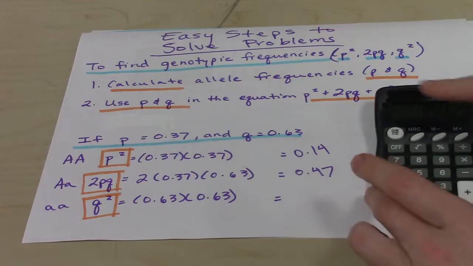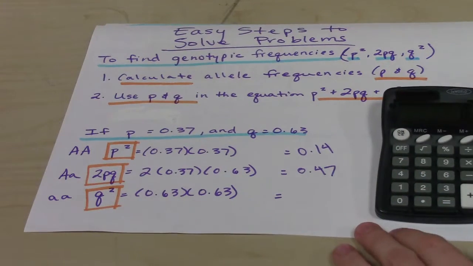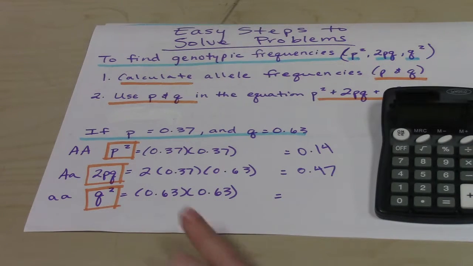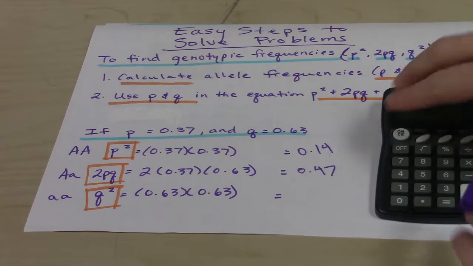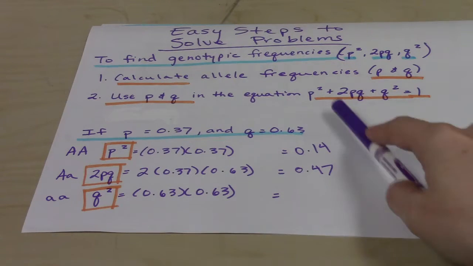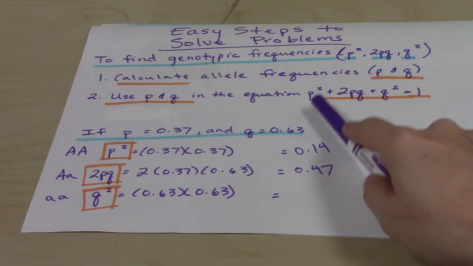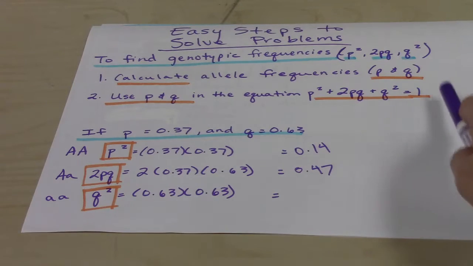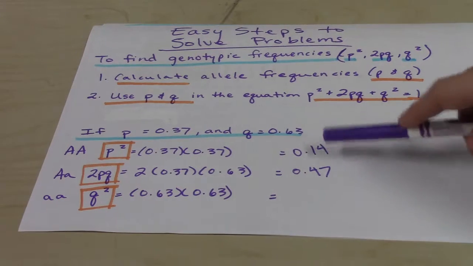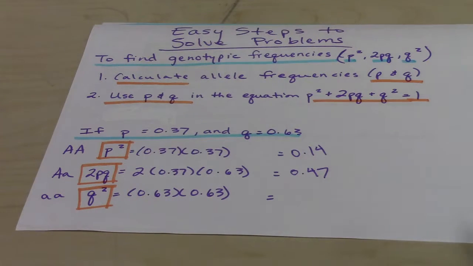And you can do Q squared a couple of ways. You can just look back at when you were finding the allele frequencies, because Q squared was the first thing you found. Or you can just multiply it. Or, since P squared plus 2PQ plus Q squared equals 1, you could subtract these values from 1 and get Q squared.